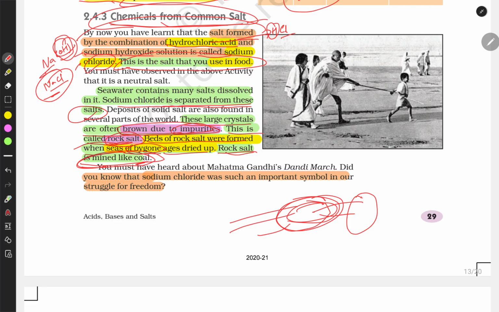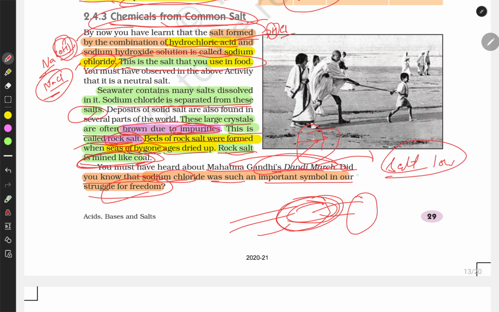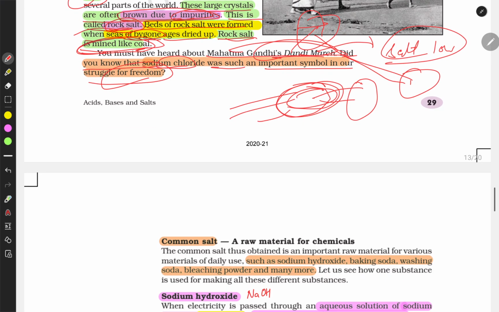And you must have learned in history classes about Gandhiji's Dandi March. Did you know that sodium chloride was such an important symbol in our freedom struggle? During the freedom struggle, Gandhiji did this Dandi March to break the salt law, starting from the Sabarmati Ashram.